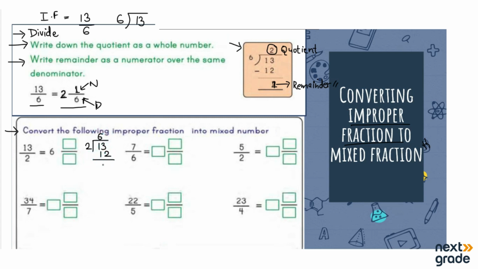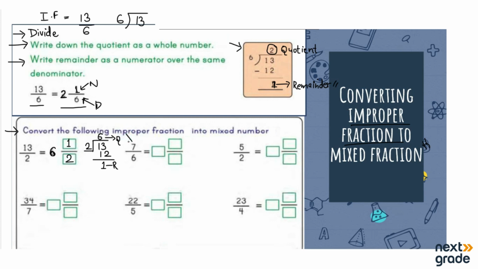So we write over here 12, and 1 is the remainder. This is your remainder, this is your quotient, and this is your denominator. So we're gonna write the quotient as the whole number, the remainder as the numerator, and the same denominator in the mixed number. So this is how you can write the improper fraction as a mixed number.